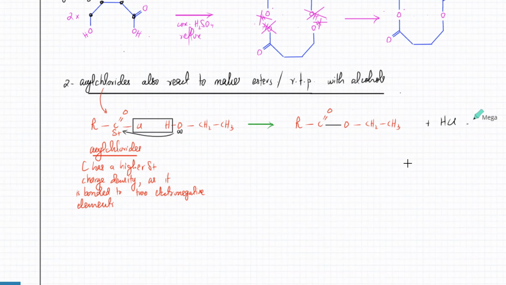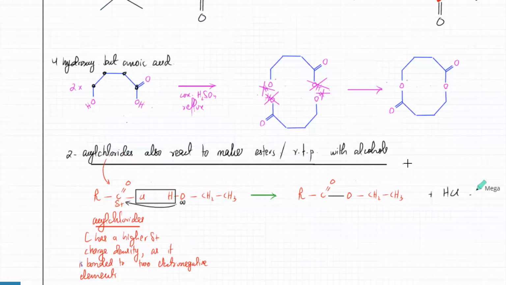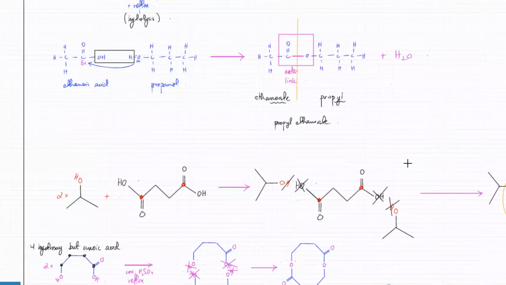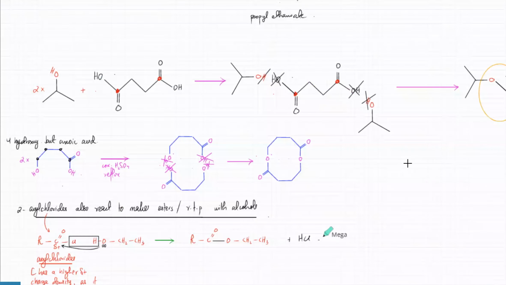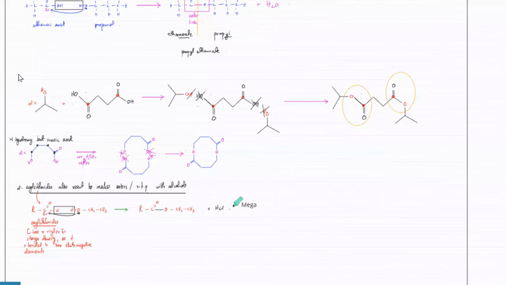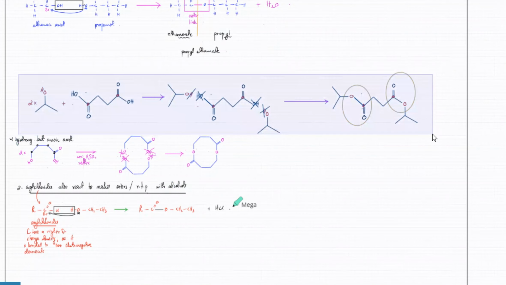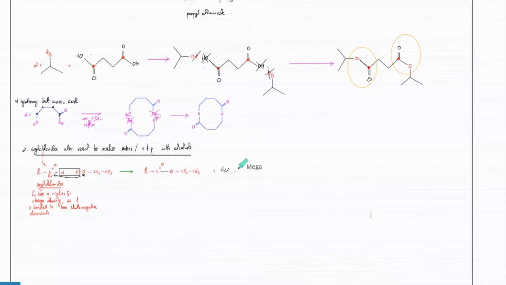Acyl chlorides would do exactly the same thing, just like carboxylic acids. So if I repeat one reaction, let's just copy this reaction, everything would be exactly the same, except that the reaction would be a lot faster.